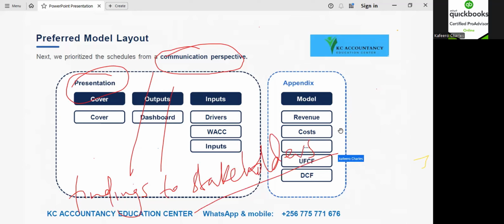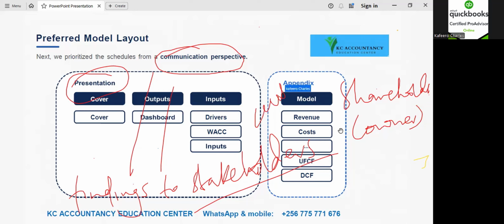There's a difference between stakeholders and shareholders. Shareholders are the owners. But stakeholders include very many people: customers, suppliers, employees, the public.